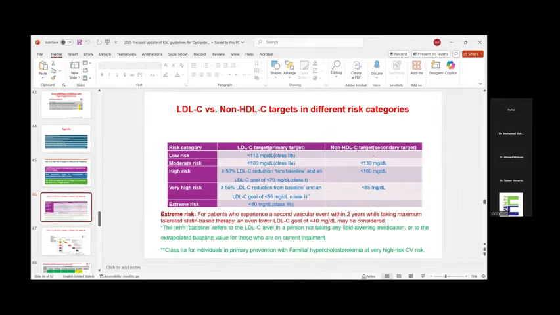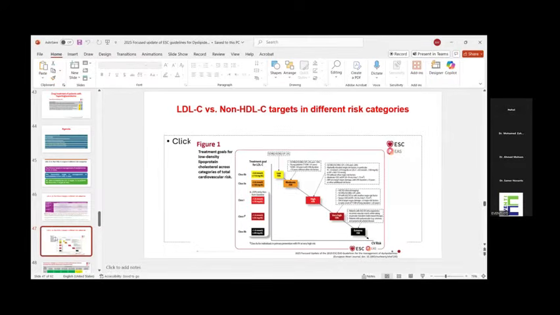Simply to calculate the non-HDL cholesterol, just add 30 to the LDL cholesterol target. So the target non-HDL in moderate risk category is less than 130, in high risk is below 100, and in the very high risk is below 85 milligram.